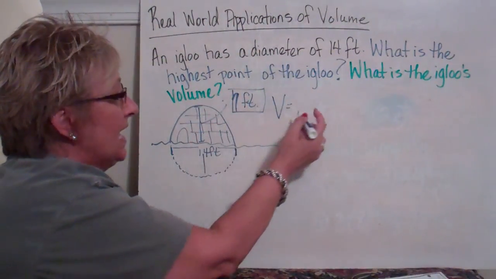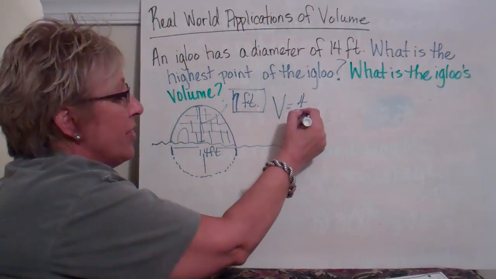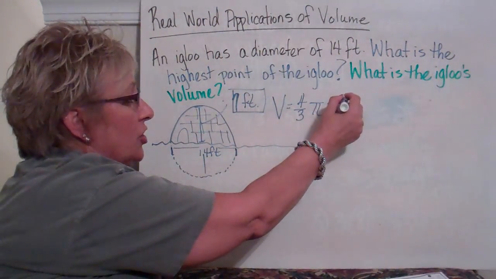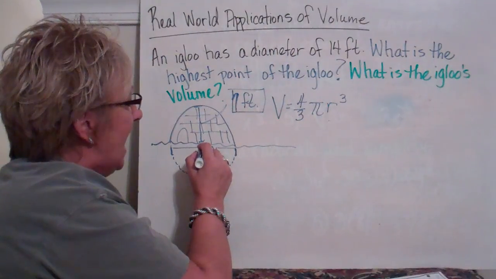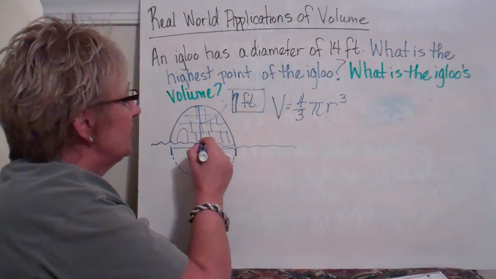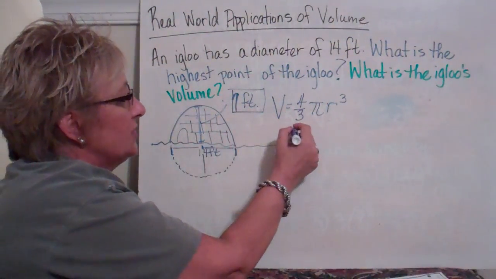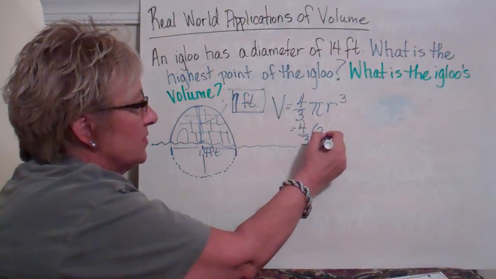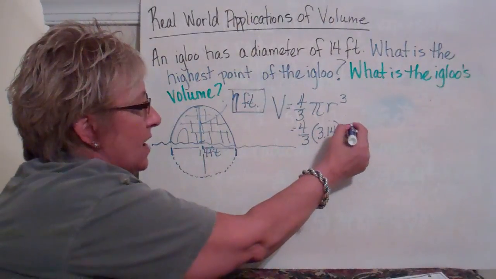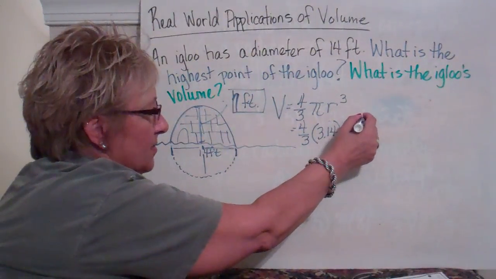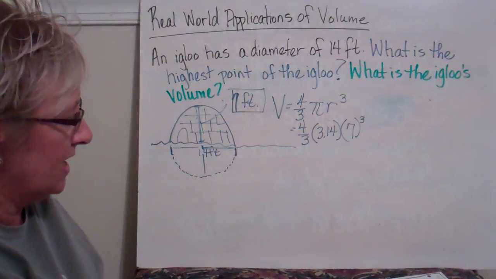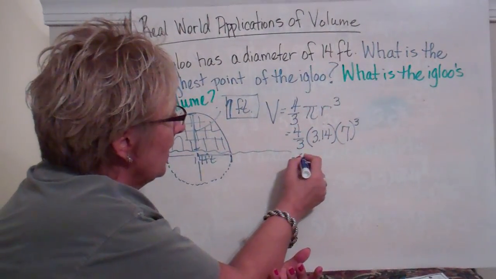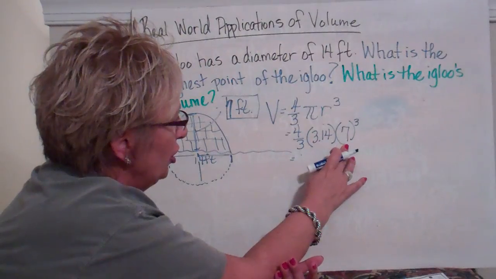So the 7 is going to be the height, the highest point of that igloo. Now we're going to say 4/3 times pi times radius cubed. And if I'm finding half of this, the 7 just happens to be my radius. So it's going to be 4/3 times pi, which is 3.14, times the radius 7 cubed.